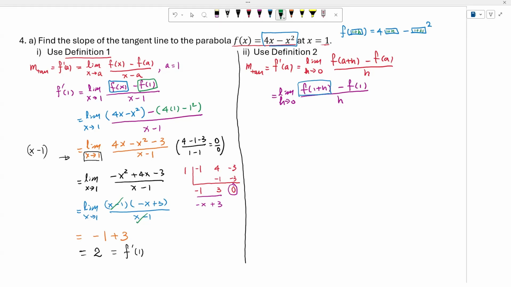That means I will have the limit as h goes to 0 of 4 times 1 plus h minus 1 plus h squared. And now we subtract f of 1, which is 4 times 1 minus 1 squared. Then everything over h.